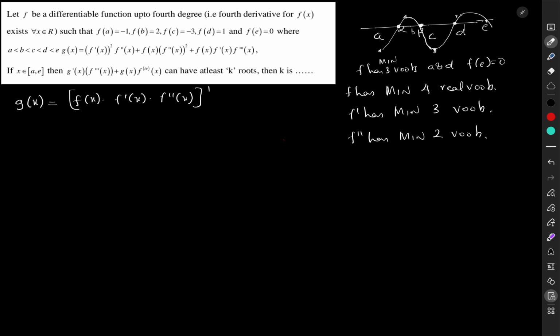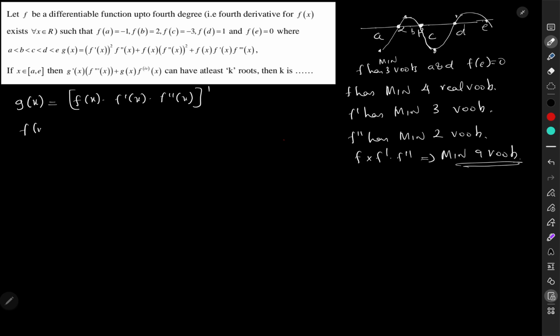Okay, so we can say that f into f dash into f double dash will have minimum 4 plus 3, 7, 7 plus 2, 9 roots. Okay, they will have minimum 9 roots. Now we need to consider g of x.